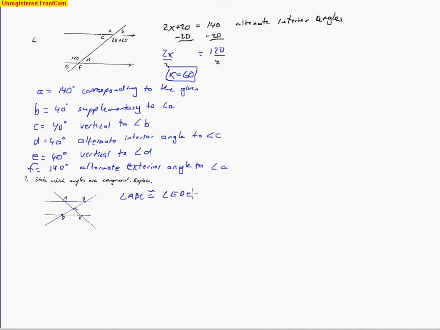So angle EDC. The reason why they are congruent is they are alternate interior angles. And again, these are parallel lines we're going to specify too. I should have drawn that earlier.